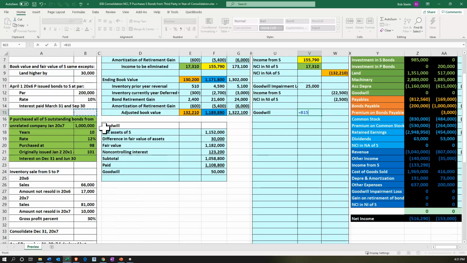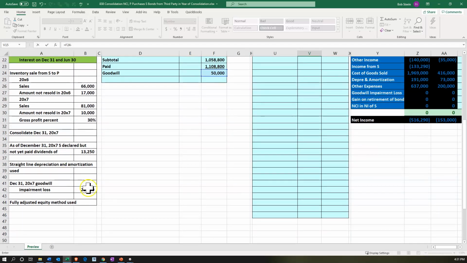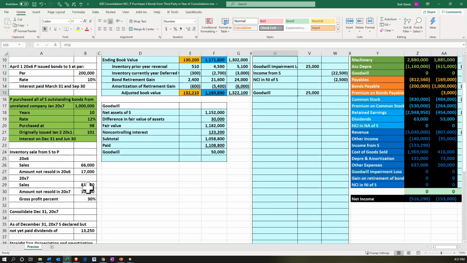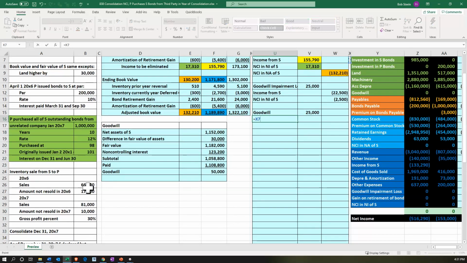So we could say it would have gone at the 50,000, and then it got impaired by the 25 down here, minus the 25, bringing it to the 25,000. Now, while we're on balance sheet stuff that we're going to have to change, there was also land that was different. There was a differential in the land at the beginning. It was on the books for an added amount, so the land needs to go up by that differential at the beginning of the 30,000.